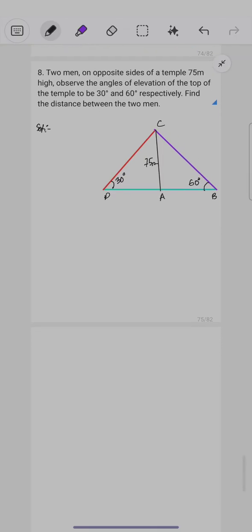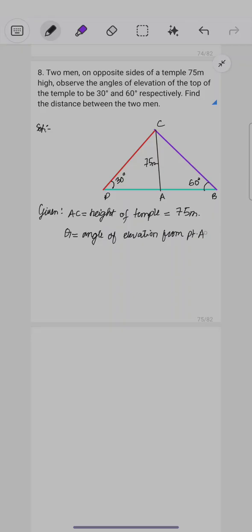BD we have to find. So given: AC equal to height of temple, which is equal to 75 meter. Theta 1 is the angle of elevation from point A, which is 30 degree.